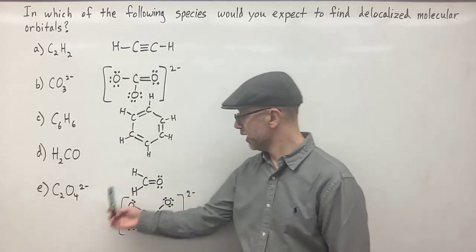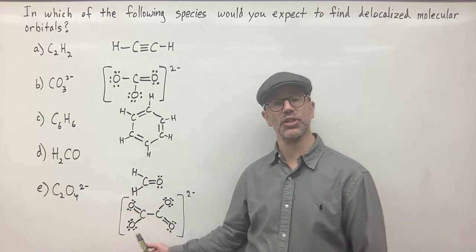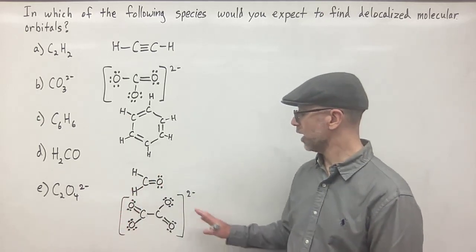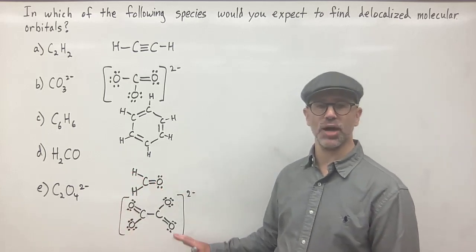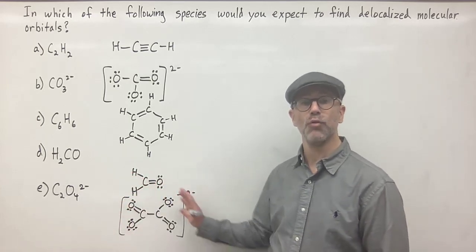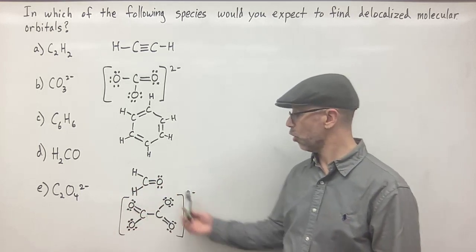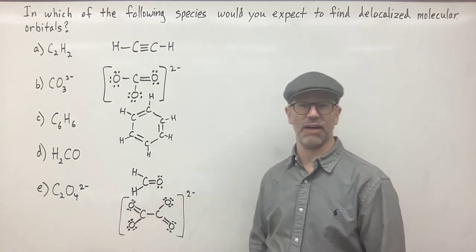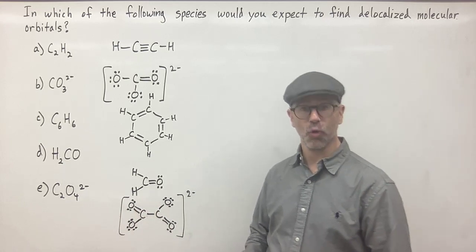So there are various resonance structures that would be needed to really capture the molecule. So again, you'd have delocalized electrons that are, quote unquote, moving around the whole molecule. And so again, that would indicate that you would have delocalized molecular orbitals.